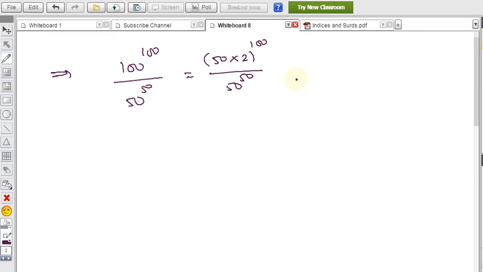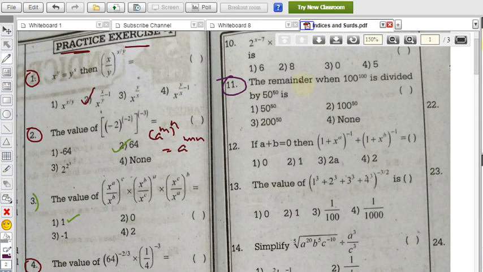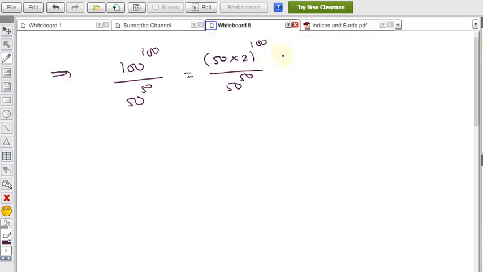Whole to the power 100 by 50 to the power 50. Let me see the question again: 100 to the power 100 is divided by 50 to the power 50. So 50 to the power 100 into 2 to the power 100 by 50 to the power 50.